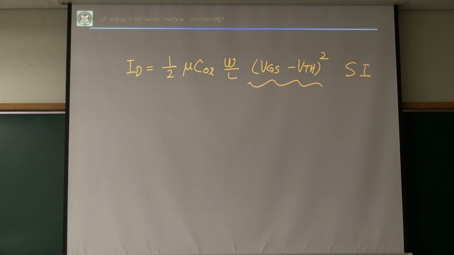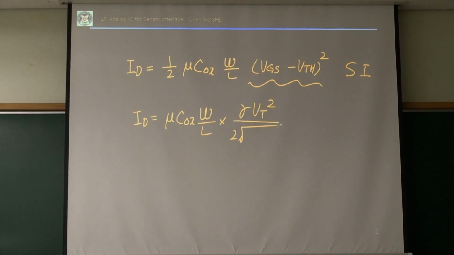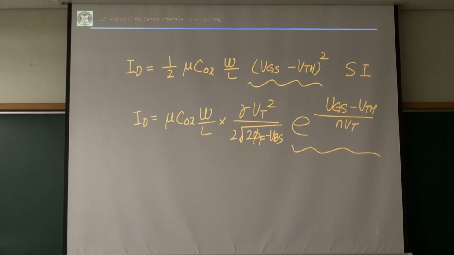In the sub-threshold, ID equals something like mu Cox W over L times gamma VT squared times exponential of VGS minus VTH, right? It is a nonlinear function of gate-source voltage. With a large signal input, the MOSFET itself is nonlinear.